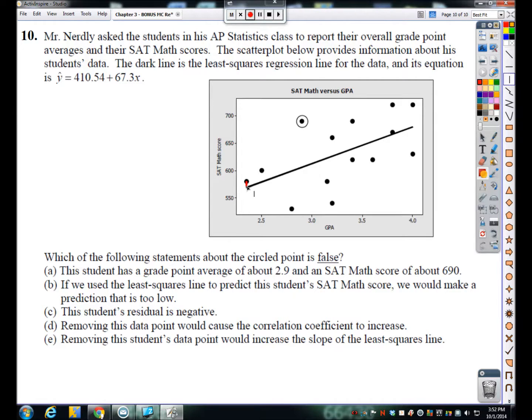If I were to drop vertical lines to the LSRL from each of these points, some of them are positive, some of them are negative, depending on where the points are located. I'll make our circled point's residual a different color. So again, I'm making all these residuals here. Really, that one there has a super teeny tiny residual.